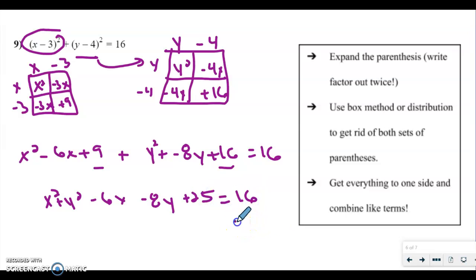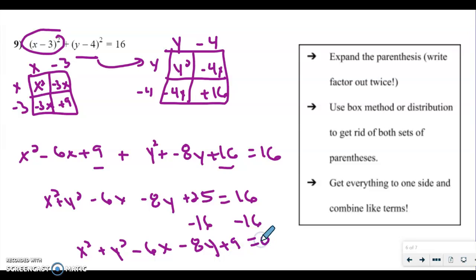And then I'm just going to get one side to be 0 by subtracting 16. So you end up with x squared plus y squared minus 6x minus 8y plus 9 equals 0. That's your expanded form. We found what each of these parentheses squared were using the box method, we combined everything that we could, and then we got one side to be 0.